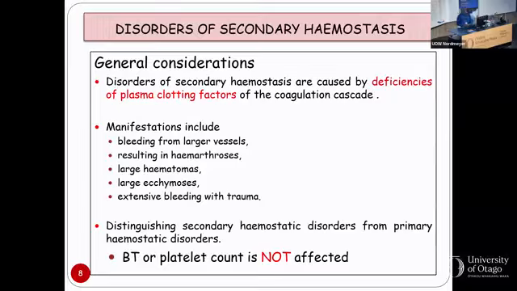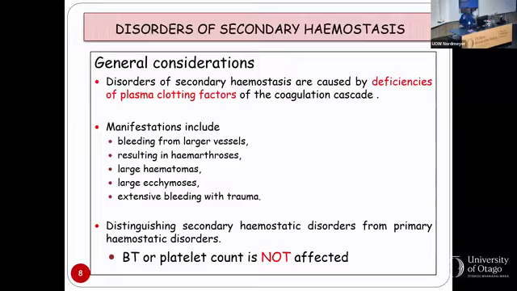Of course, the ones that we discussed many times are the congenital ones, but in terms of clinical frequency, the acquired ones are also very frequent. These days, a lot of people are on anticoagulation, and other medications could also impact the function of these clotting factors. So we tend to see that quite a lot.